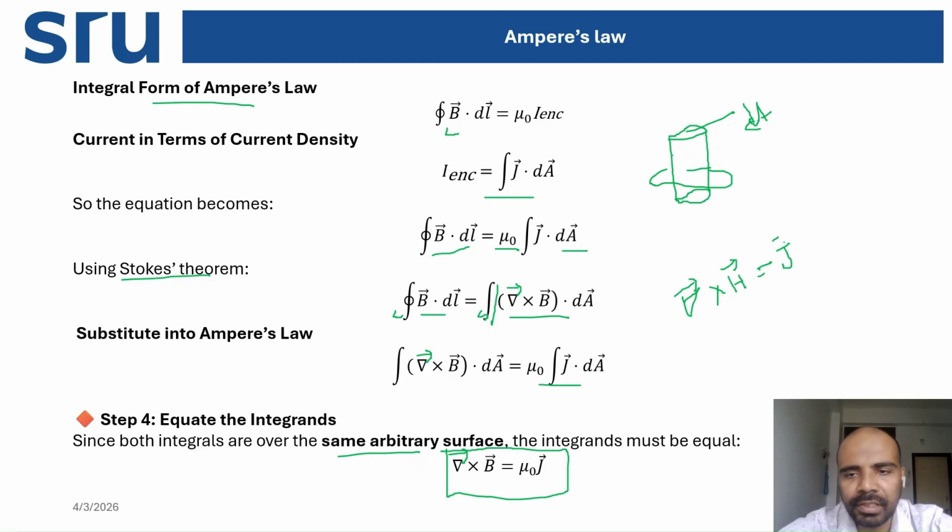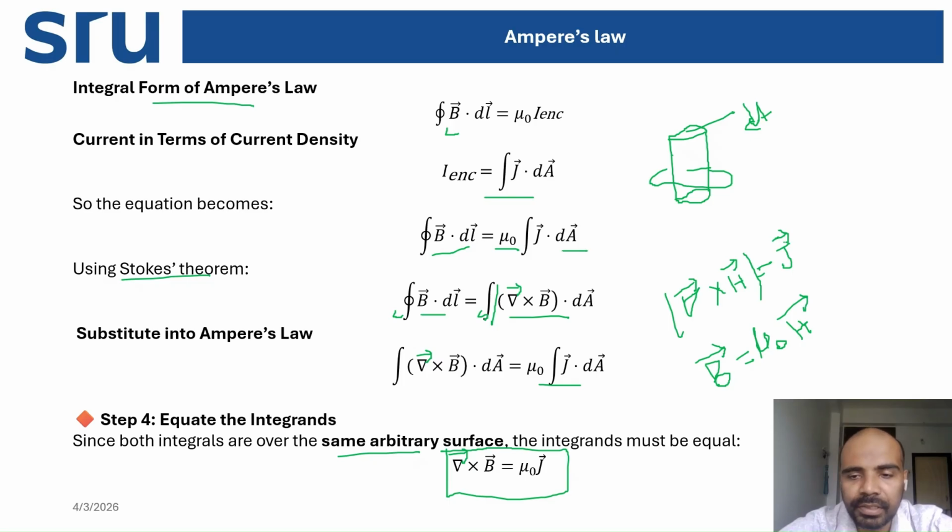So this is the differential form of Ampere's law in terms of magnetic field intensity, right? Or in terms of magnetic flux density or magnetic field or magnetic induction, curl V equal to mu naught into J. So what is the relation between B and H? That is the magnetic flux density and the magnetic intensity H, that is mu naught into H, right? You know the B and H both are vector quantity.